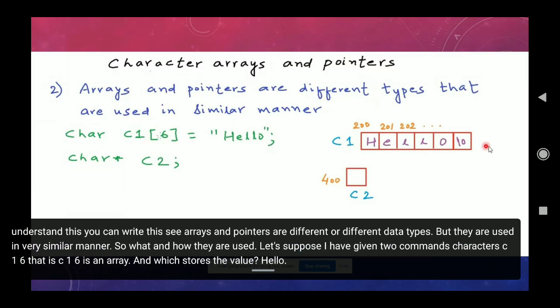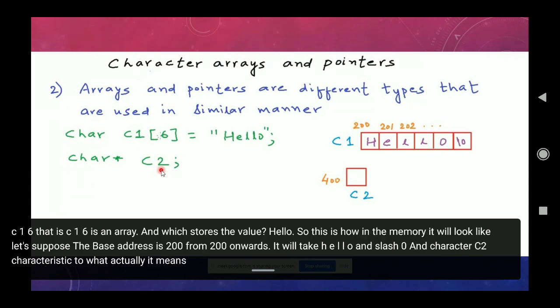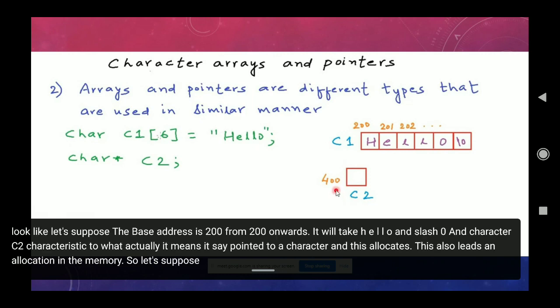This is how it will look in memory. Let's suppose the base address is 200. From 200 onwards, it will take HELLO and \0. And char star C2, what does it actually mean? It's a pointer to a character. This also needs an allocation in memory. So let's suppose this is C2 and it has the address 400.